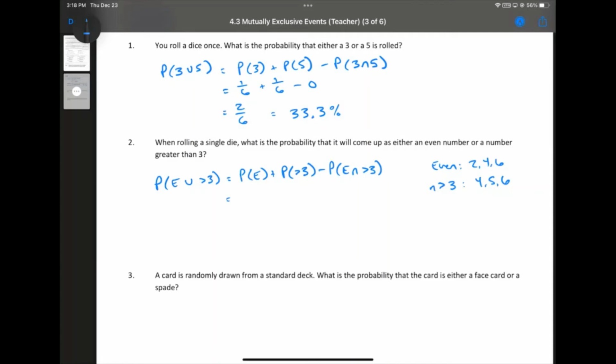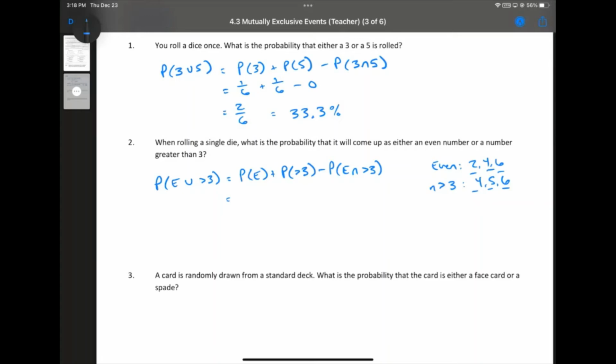So again, before we go too far, I think the answer is just going to be 4 out of 6, because the numbers 2, 4, 5, and 6, if we look over here, those 4 numbers meet at least one of the criteria. Now the 4 and 6 meet both criteria, but 4 of them meet at least one, so it should be 4 out of 6.